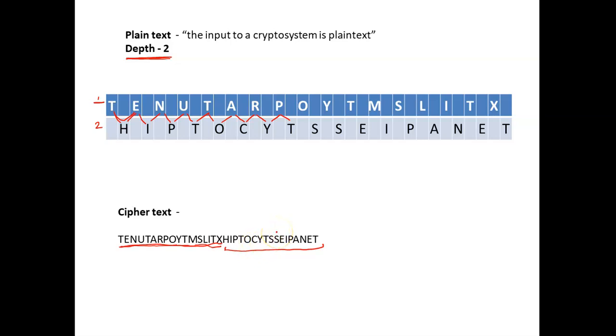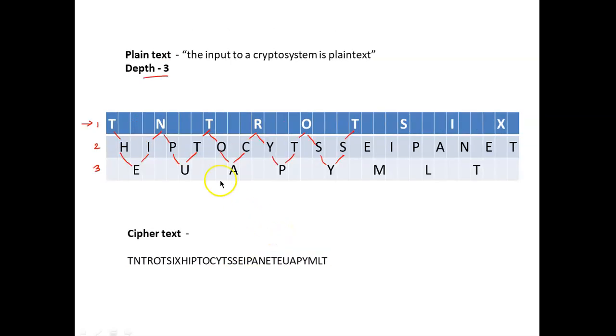We will take one more example where depth 3 is considered. We keep the plain text the same, the input to a crypto system is plain text, and this time we take depth as 3. So take 3 rows and write the plain text in a diagonal format, and now read it row wise.